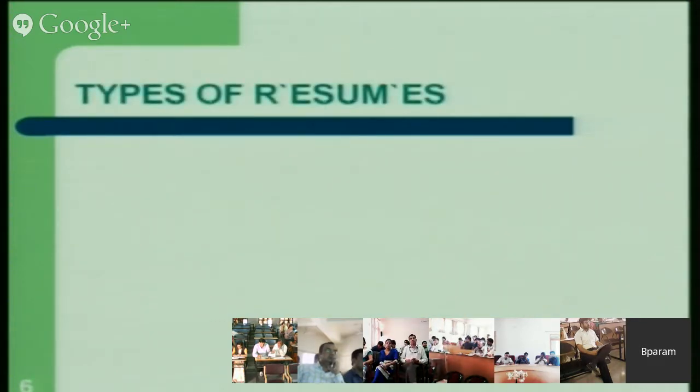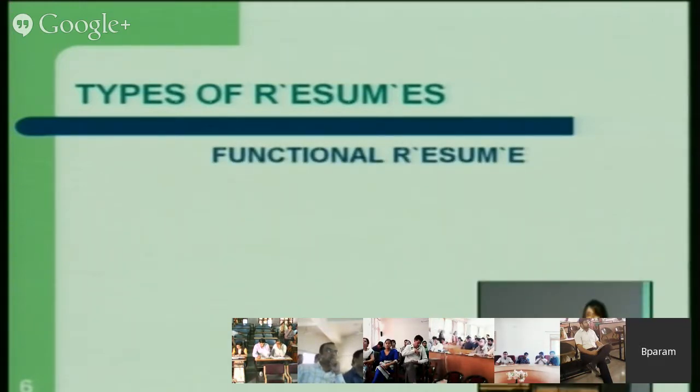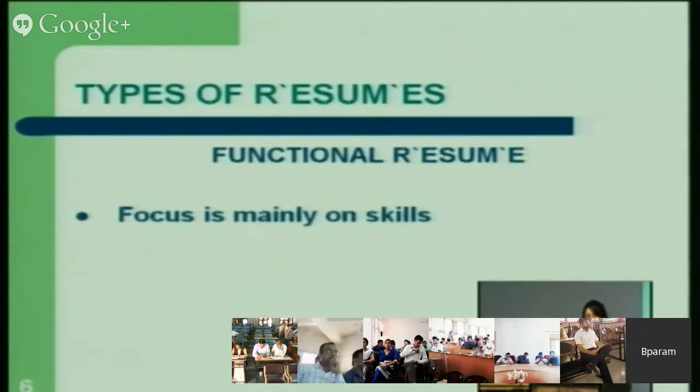Okay, let's move ahead. The first type of resume is a functional resume. A functional resume focuses more on the functions or the skills acquired. Now, the skills acquired can be for a professional who is changing the industry, or a professional who is seeking a change in the career path. For such an individual, the skills acquired can be reflected through the job experience.